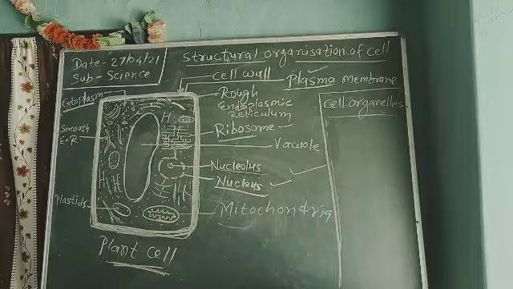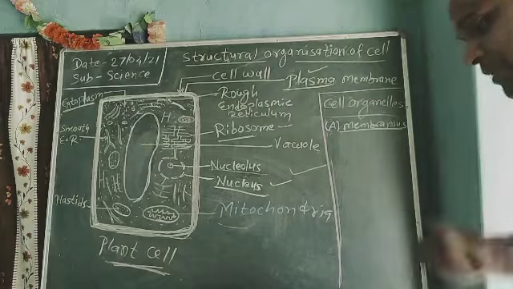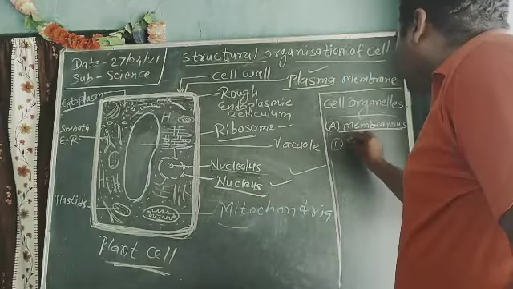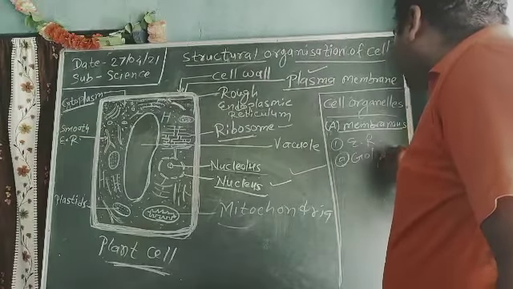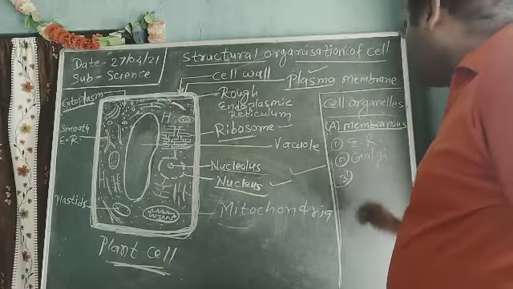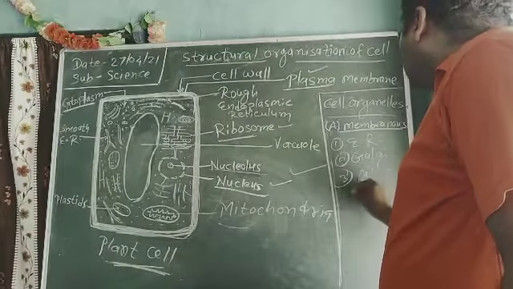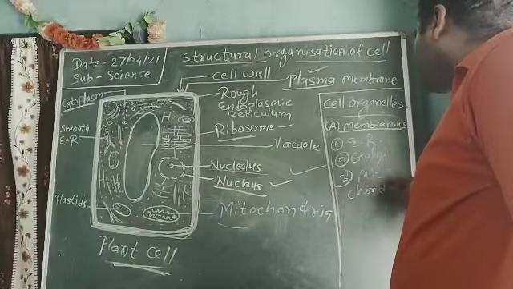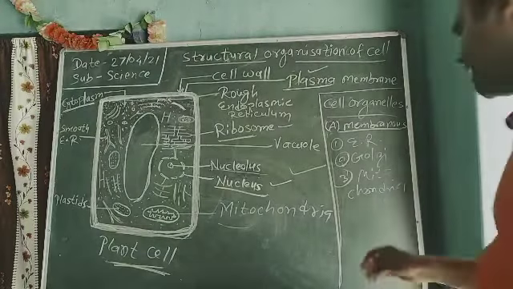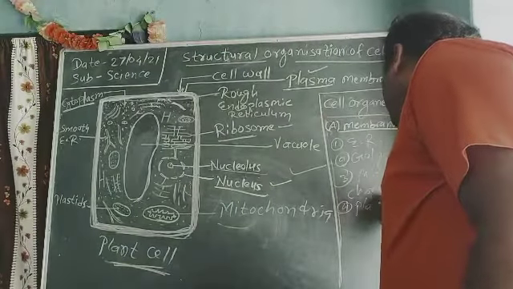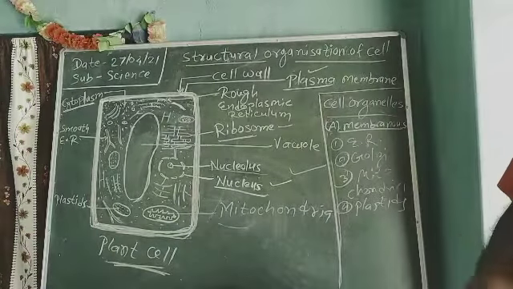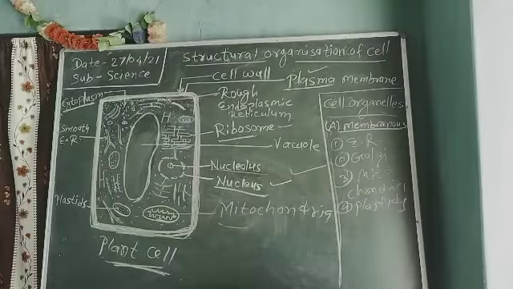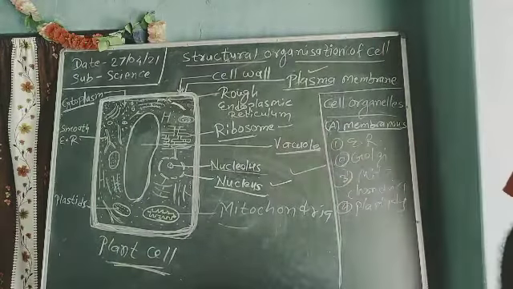The membranous cell organelles are: first, endoplasmic reticulum; second, Golgi apparatus; third, mitochondria; fourth, plastids; fifth, lysosomes; and sixth, vacuoles.